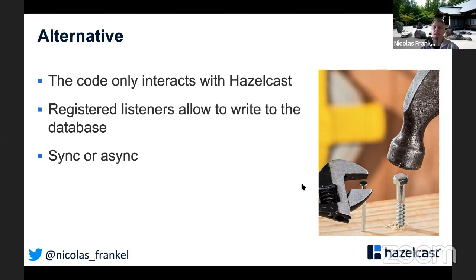So let's assume that you want to be very, very fast, regardless of the downsides. What you could do is only interact with the Hazelcast cache. You do the reads from the Hazelcast cache, you do the writes to the Hazelcast cache, and then underneath, in an async way, the cache would synchronize itself to the database. In that way, you could be very, very fast and performant.